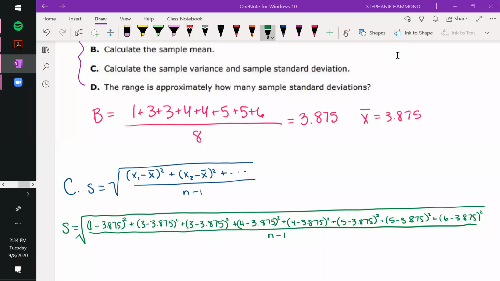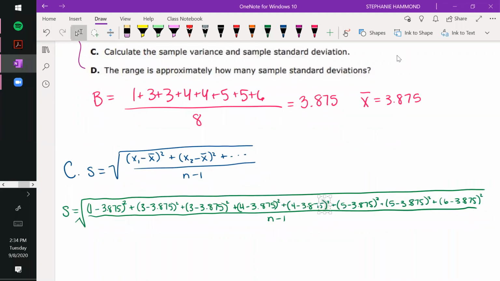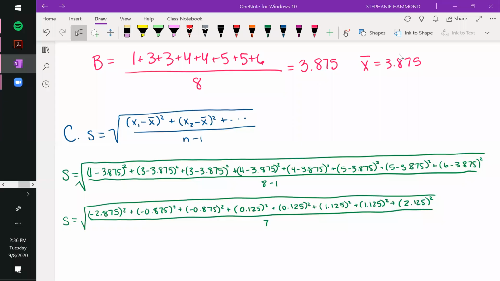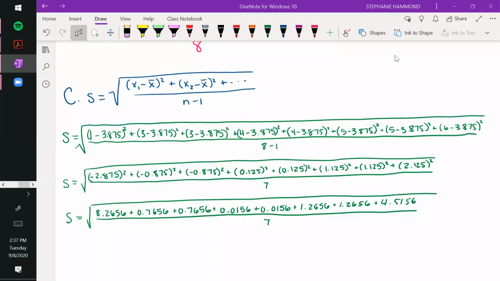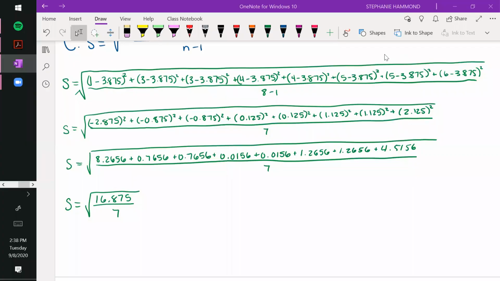So that's really long. And now I need to perform all the subtraction and then square each of those differences. And then I have to add everything together in my numerator and then divide by 7 and square root. And I end up with a sample standard deviation of about 1.5526.